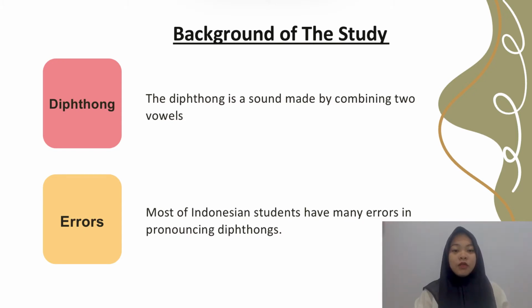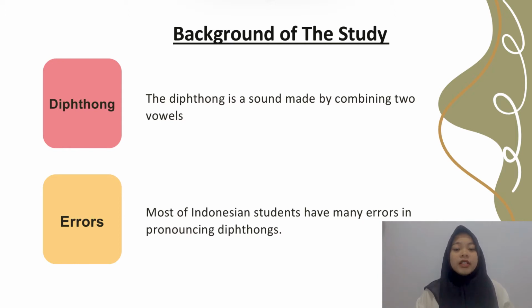According to Fatima 2016 from Muhammadiyah University of Purworejo, in her findings, there were several errors in pronouncing diphthong. One example is the word same. The correct pronunciation of the word same is same, but none of the students pronounced it correctly.